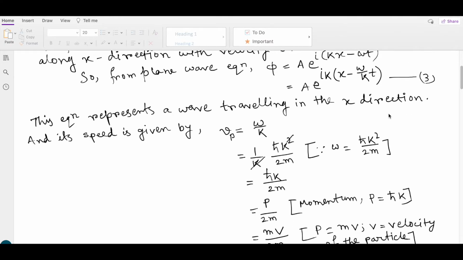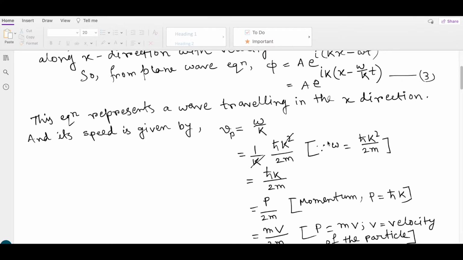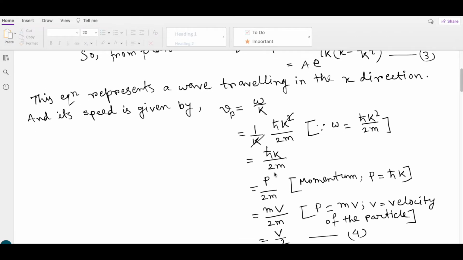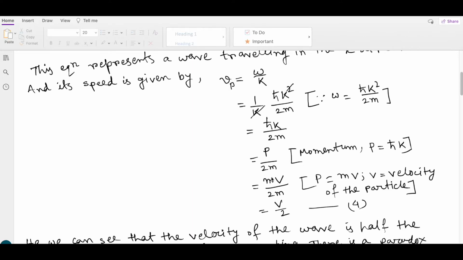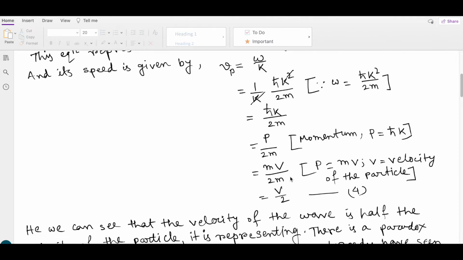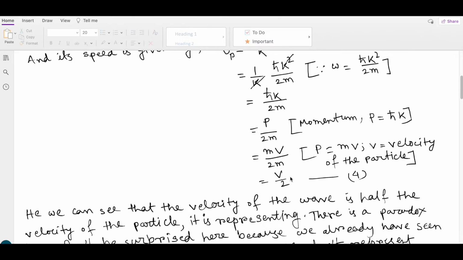And we know for a free particle omega is h cut k square by 2m, and after putting this value we get h cut k by 2m. And h cut k is p, the momentum of the particle, and we know p is mass times velocity, where v is the velocity of the particle. So from here we get the velocity of the plane wave as v by 2.